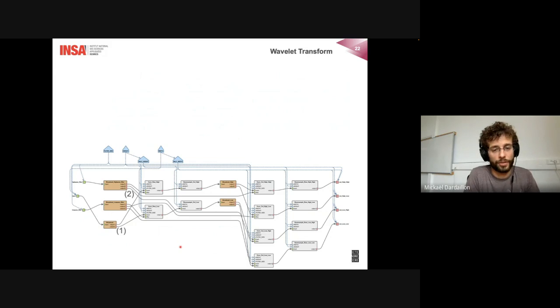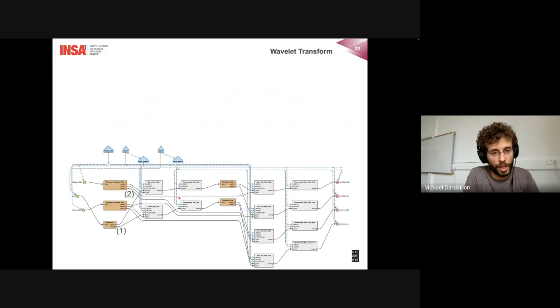So that's a classic transformation in image processing where we have our data coming and then a bunch of filter coefficients. And then we're going to apply filters and downsampling, which reduce the number of samples, and then another filter, and then downsampling. So this is completely multi-rate.